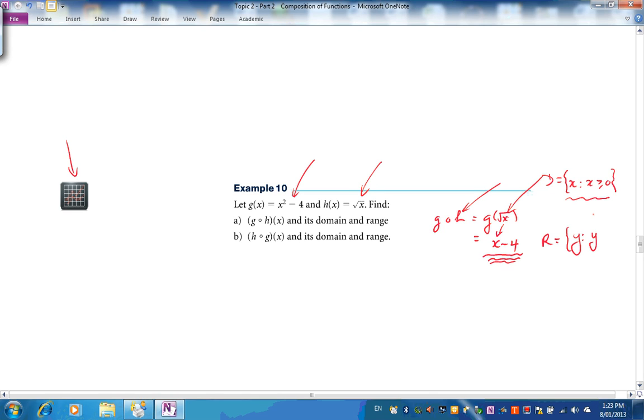If we're only putting 0 or positive values in here, Y is going to have the smallest value of neg 4. It's going to be greater than or equal to neg 4.